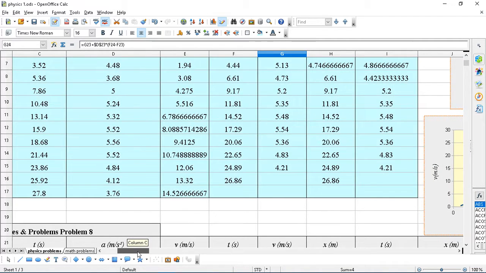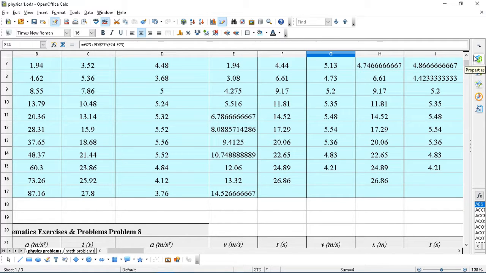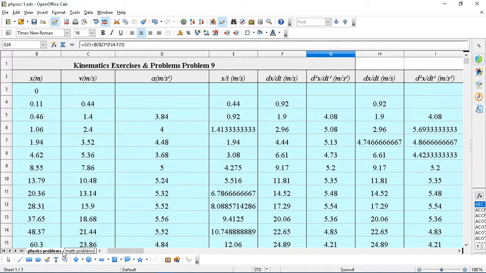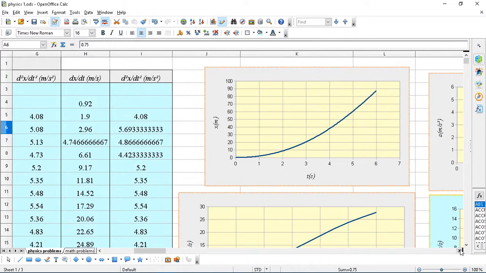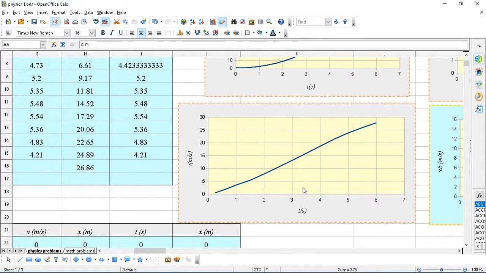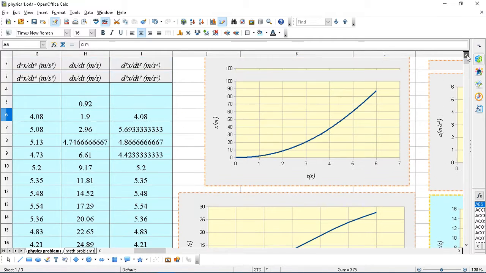This is the plot obtained from columns C and A, which misleadingly seems to make one maybe infer that the acceleration would be constant, but this is not the case.